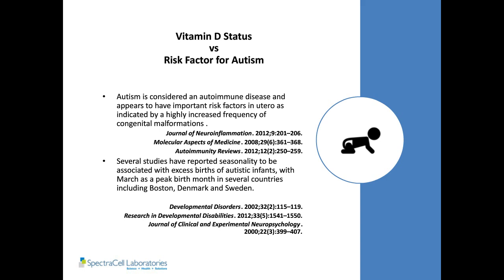Whoever, once again, cited this information in the literature where they talk about it, birthmarks in various countries, and of course Boston is mentioned there as a country, and we all know that that's, once again, a city, but Denmark and Sweden, of course. So these particular countries and that time of the year definitely seem to have an increased incidence of, once again, autistic individuals.